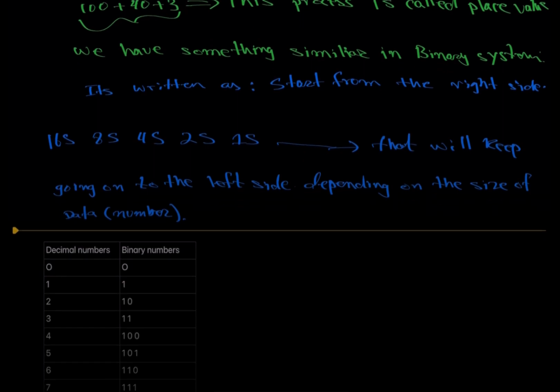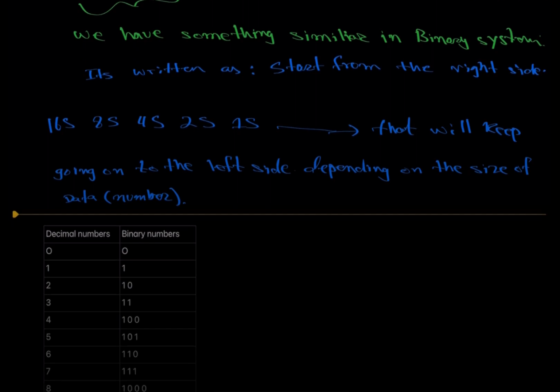Since it's binary, it multiplies by 2: 1 times 2 is 2, 2 times 2 is 4, 4 times 2 is 8, 8 times 2 is 16. It goes all the way from right to left. The reason it's a multiple of 2 is because it's a binary system. That will keep going to the left depending on the size of the data or number.